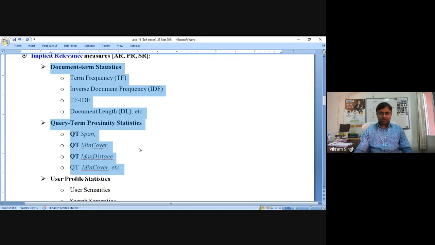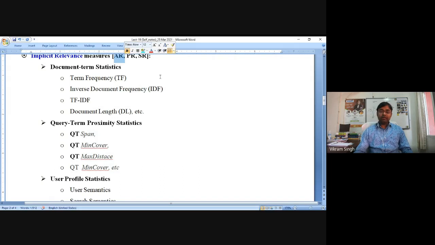Similarly, you can propose a new set of measures to estimate AR or PR. AR based measures are already proposed on a sufficient scale, so there is very limited space to work on them. Most researchers are working on the second set of implicit relevance measures, the PR, pertinent relevance, to capture the PR aspect of the search process, because SR is again a difficult portion.